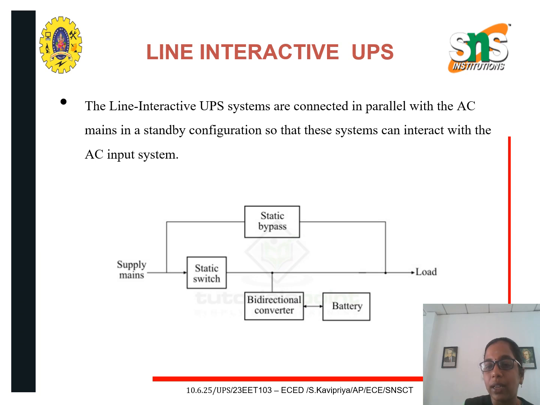If there is any interruption in the main power supply, the DC available in the battery goes through the bidirectional converter. It has both a rectifier and an inverter. The inverter in the bidirectional converter converts it back to AC and supplies it to the load. If there is any error in the lower part, then the static bypass becomes active, so the main power is directly supplied to the load without the intervention of the components below.